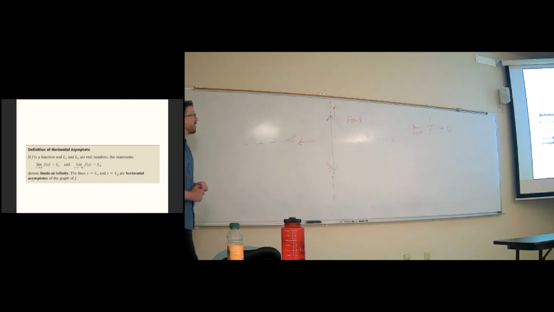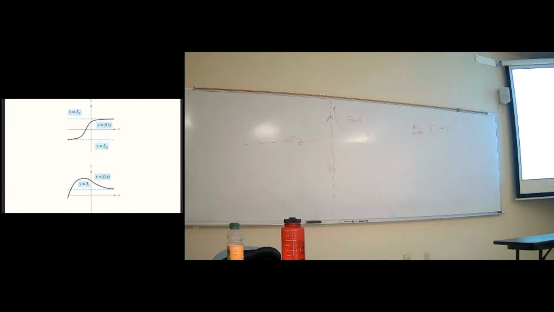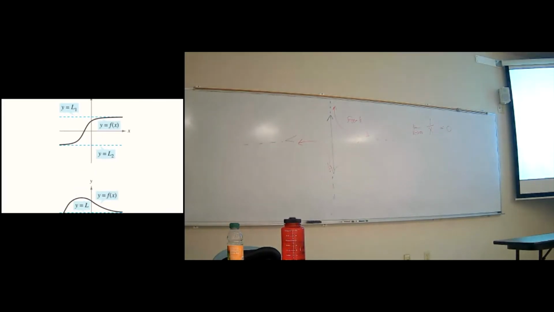But just like you could have multiple vertical asymptotes, you could have multiple horizontal asymptotes. It doesn't have to be the case that going to infinity agrees with going to negative infinity. As an example, we've got something like the arc tangent.